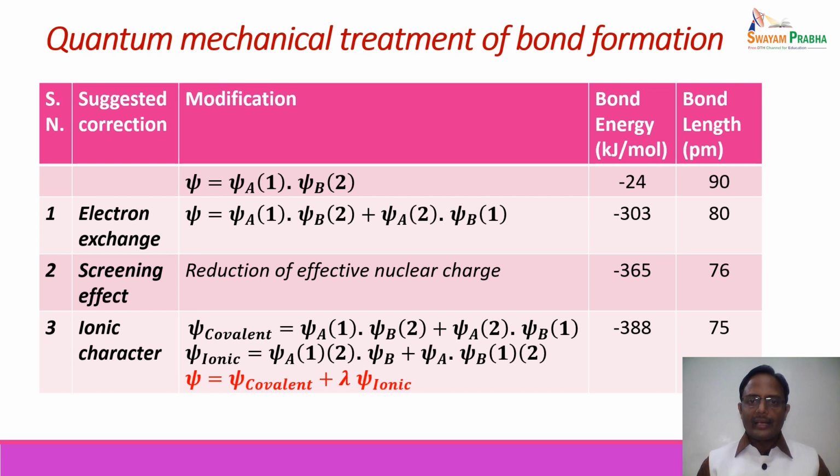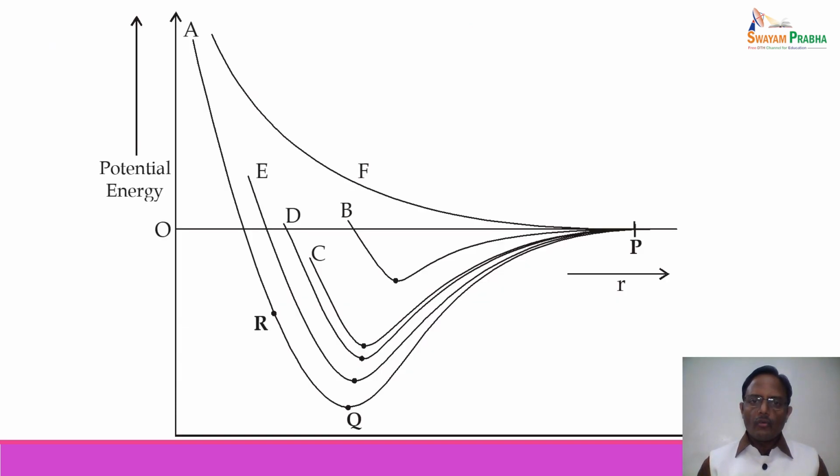All of these can be diagrammatically represented with the help of this particular picture. Now we can see that this is curve A. Then this is curve B, C, D, E and F. Now what do these curves represent? This is R on this axis. R is internuclear distance versus the potential energy.